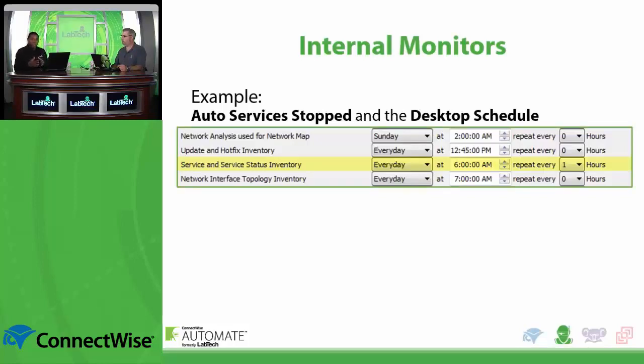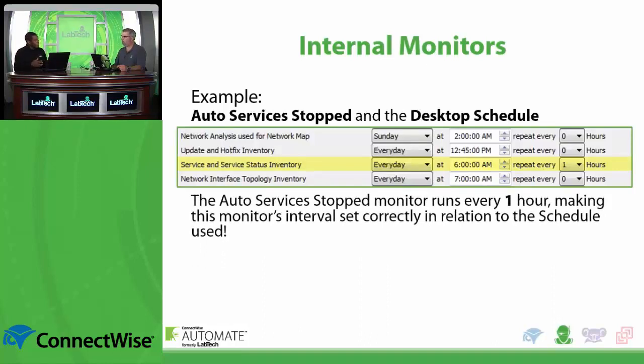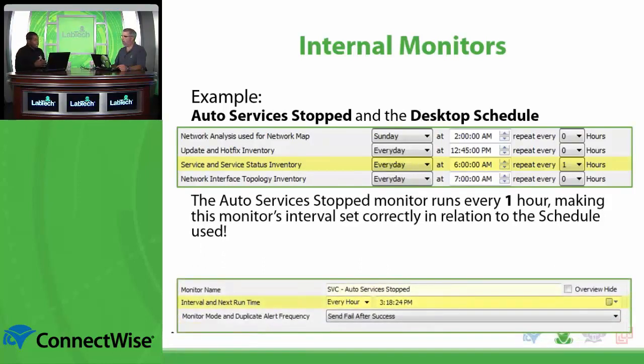So at 6 a.m., basically, it's going to start sending that information over. Then, if we were to look at the configuration of the auto services stopped monitor, we can see that the interval and the next runtime are in line with each other and they're working together. So the two components of the internal monitor and the schedule are working in unison with each other.